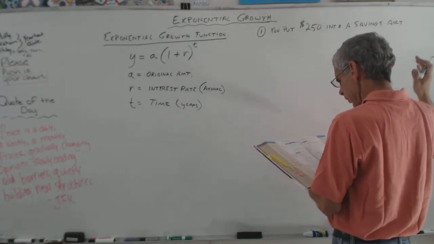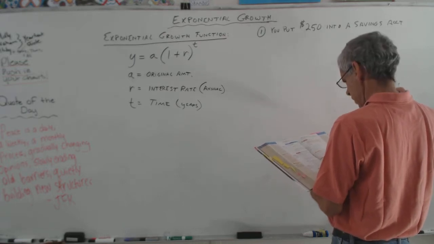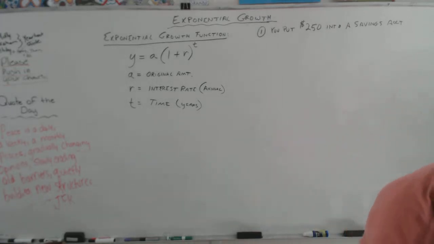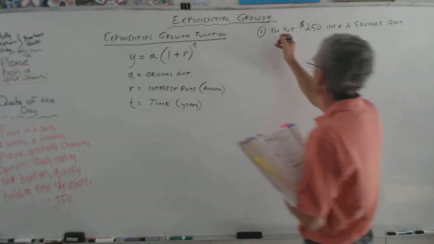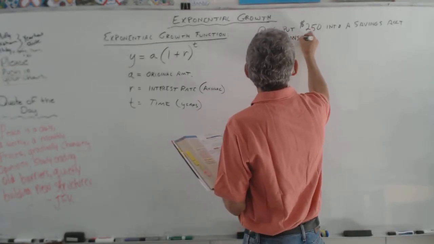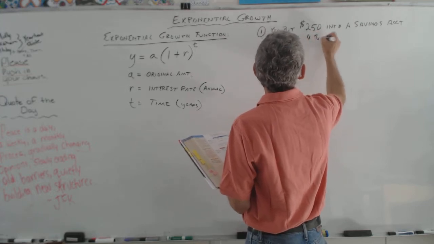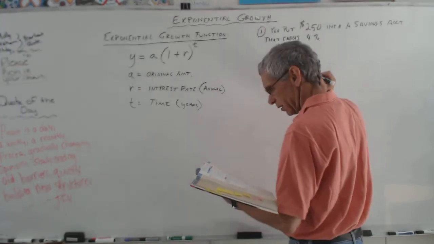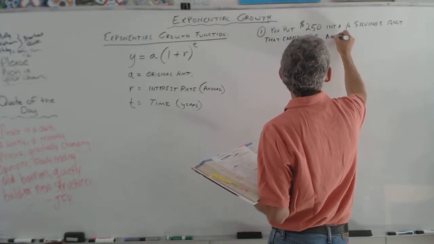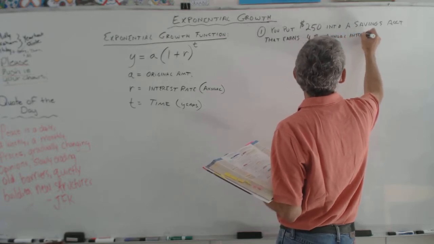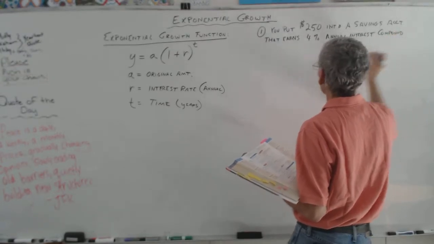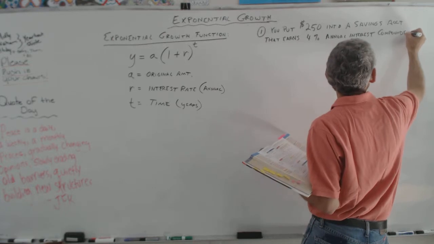So you put $250 in a savings account that earns 4% annual interest, and they're going to say this word, compounded, because this is a compound interest formula, compounded annually.